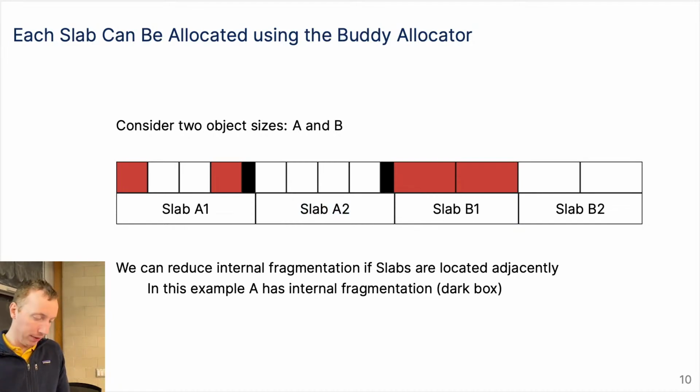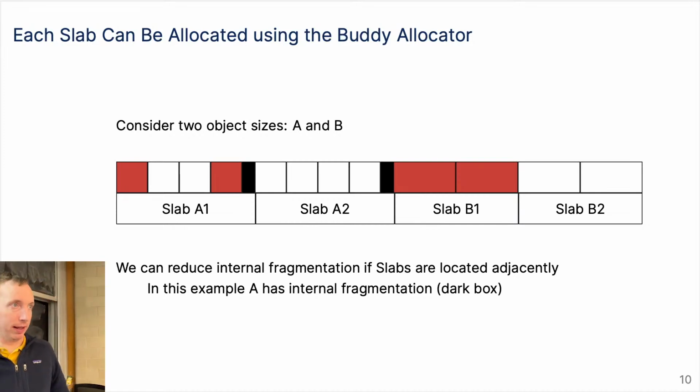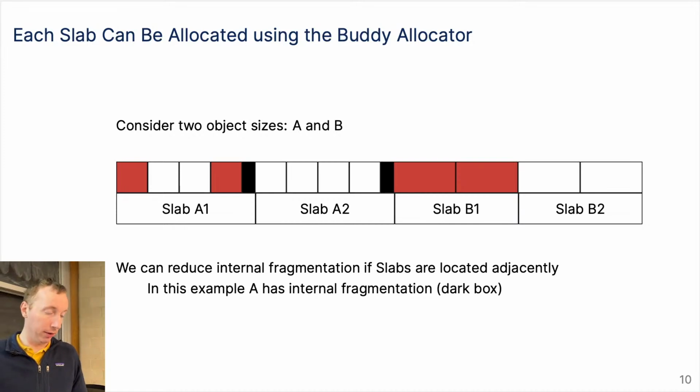So I would have 2 slab A's, for example. In this case, maybe the blocks I'm using for slab B actually fit, and then I don't have any internal fragmentation with those ones. While in my A's, they don't quite fit, so I might actually have some internal fragmentation because I'm using a buddy allocator on top of it.